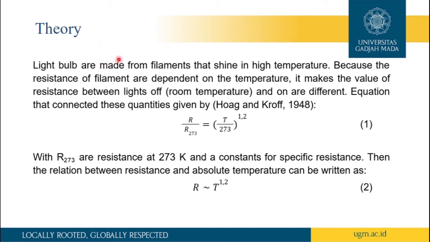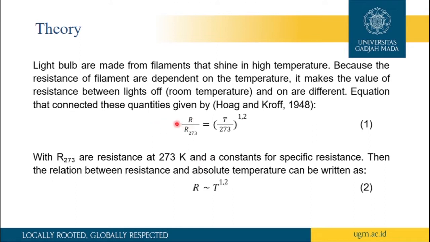Light bulbs are made from filaments that shine at high temperature. Because the resistance of filaments depends on the temperature, the value of the resistance when the light is off and when the light is on at warm temperature are different. The equation that connects these quantities is given by equation number 1, as you can see on the screen.